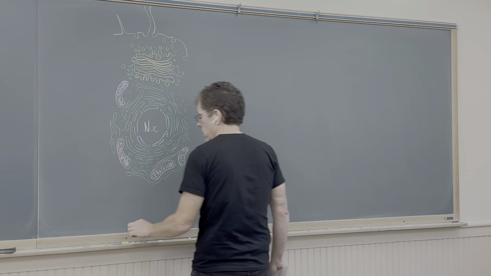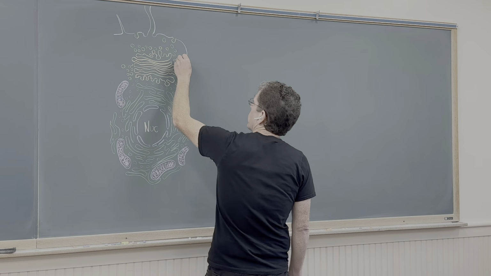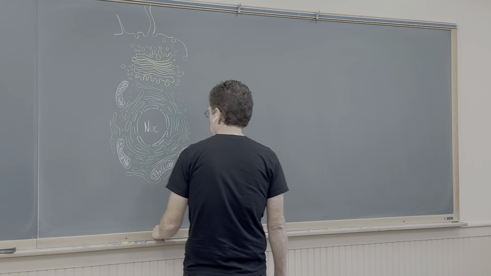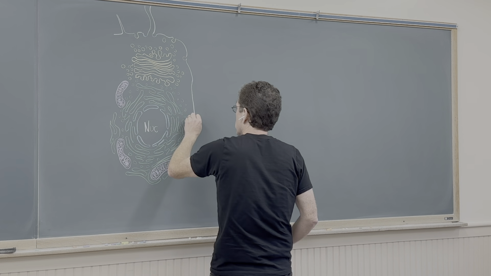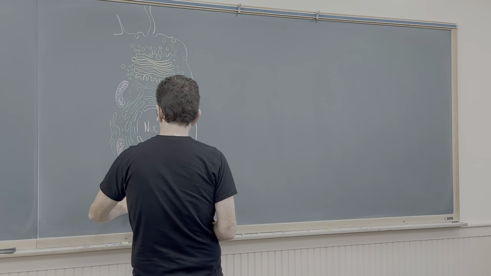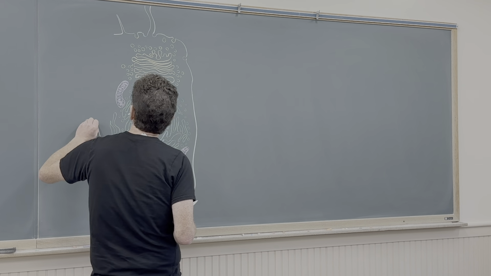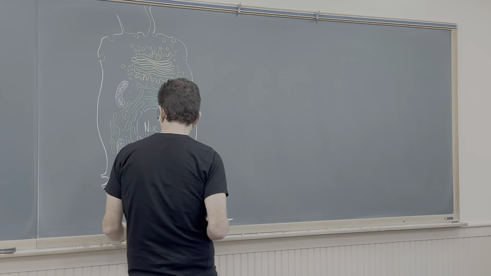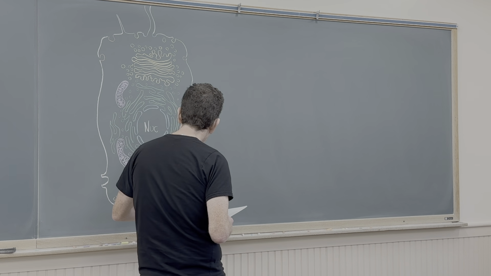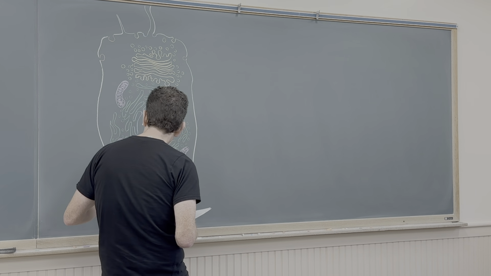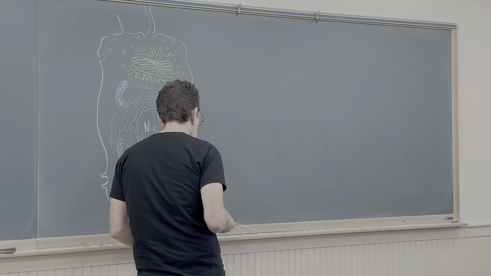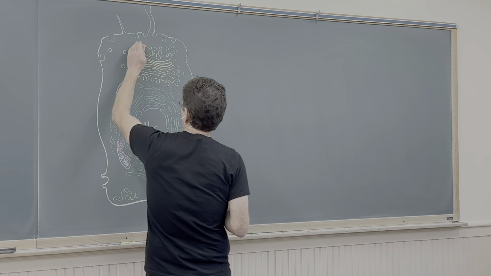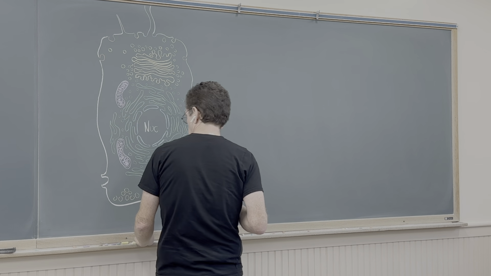Now that is an endocytic vesicle, whereas that is an exocytic one that's getting secreted to the outside. Now the Golgi apparatus here is the main source of vesicles destined for secretion.